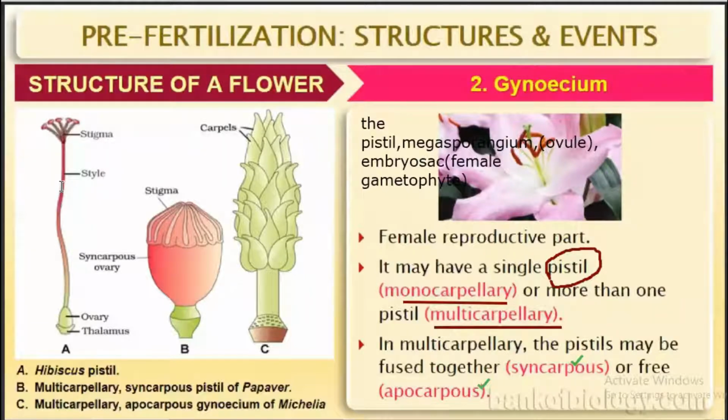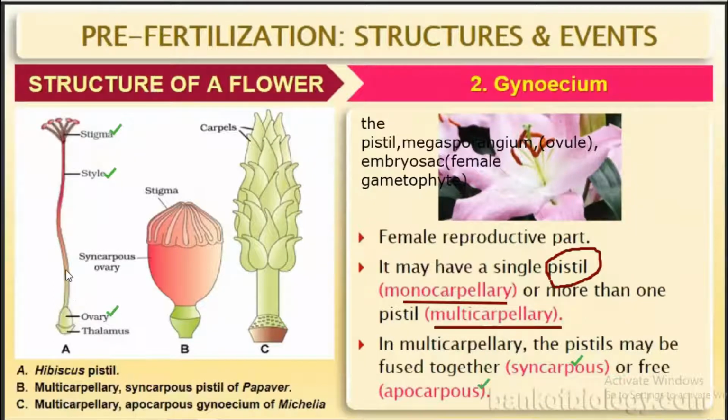A carpel consists of three important parts. They are ovary, style and stigma.